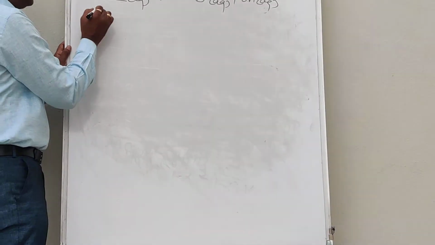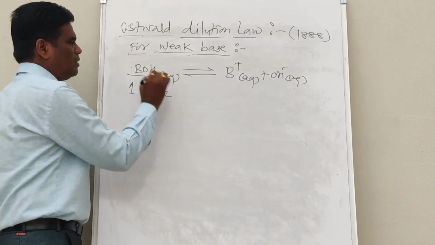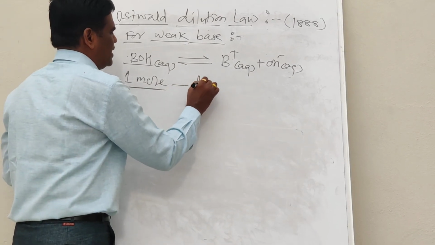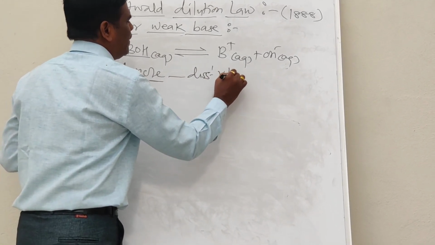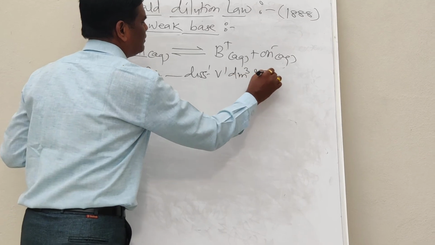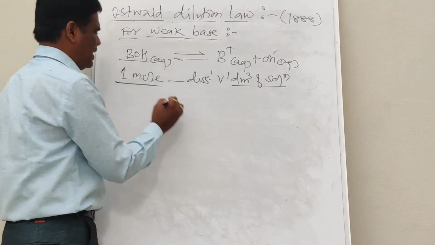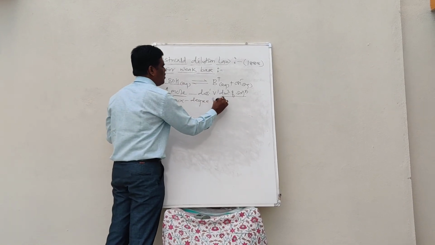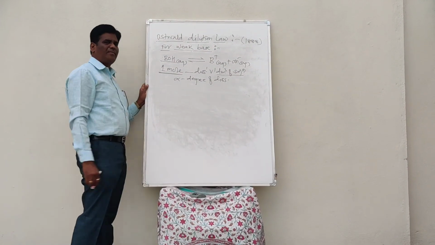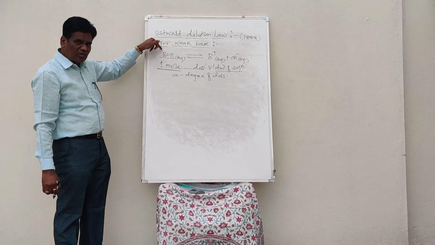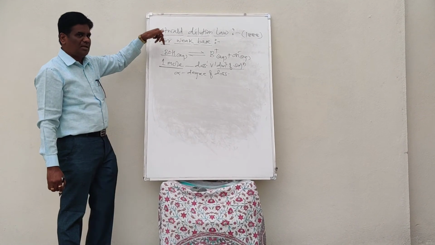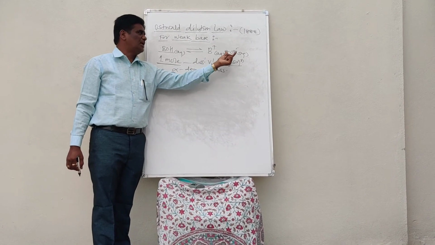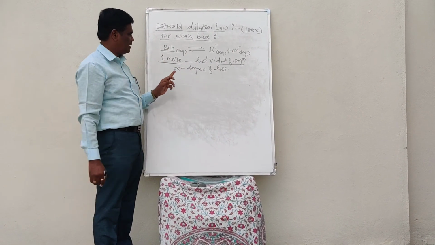Here BOH is considered as 1 mole of that weak base dissolved in V dm cube of solution, and alpha is the degree of dissociation. So 1 mole of BOH weak base dissolved in aqueous media will dissociate as B plus and OH minus ions partially.